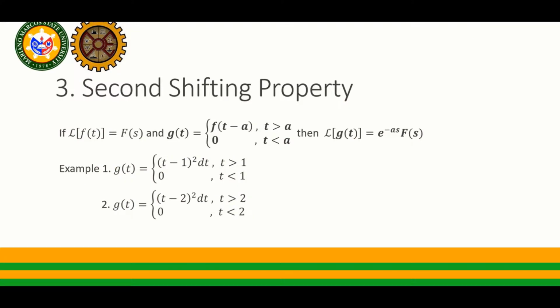So, we have example number 2: g of t is equal to t minus 2 squared, where t is greater than 2, and 0 where t is less than 2. Okay, so let's try example number 2.